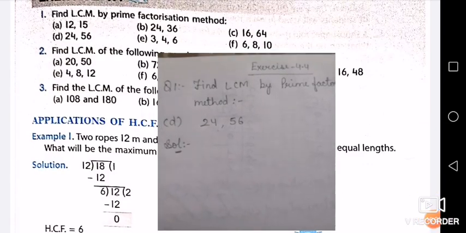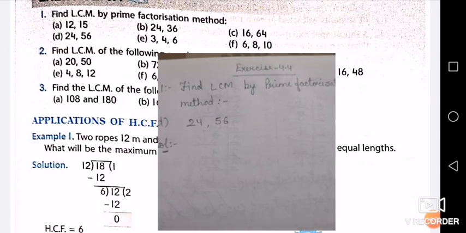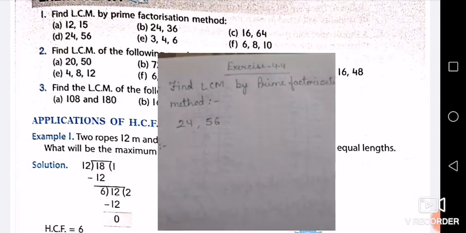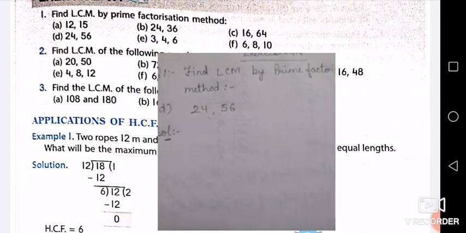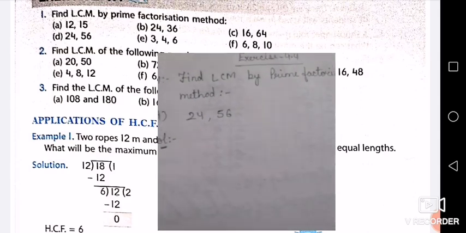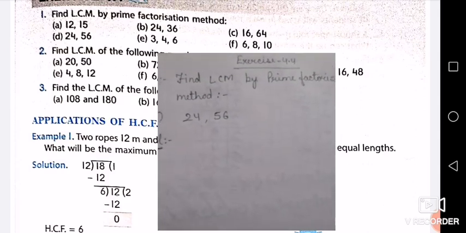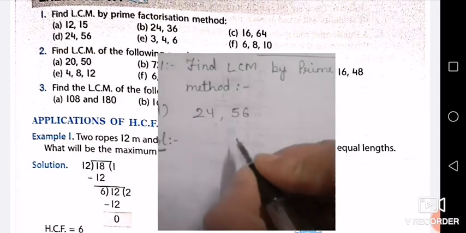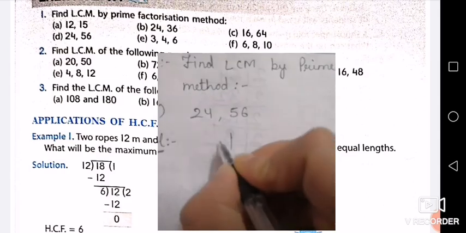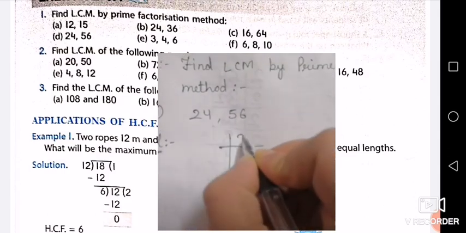So now children, our question number 1. Find LCM by prime factorization method. Now D part is 24 and 56. So now children, what is your first step? Yes, finding prime factors of the given number. So we will start with 24.